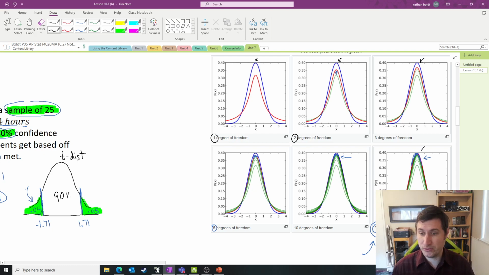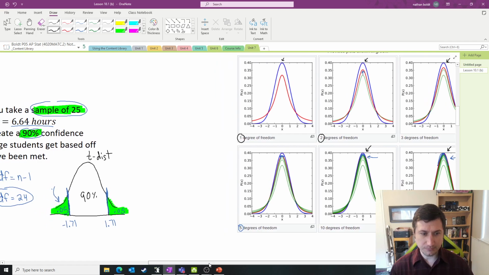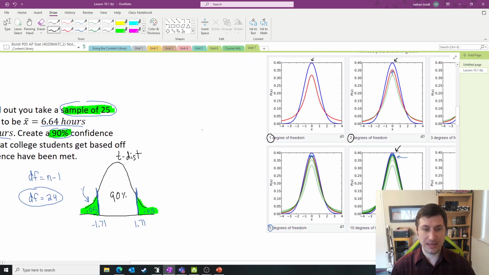The normal distribution is the normal distribution is the normal distribution. But not so for the t-distribution. It will look different based off of what's called the degrees of freedom, essentially how big the sample size is. And in this context, the degrees of freedom is n minus 1.